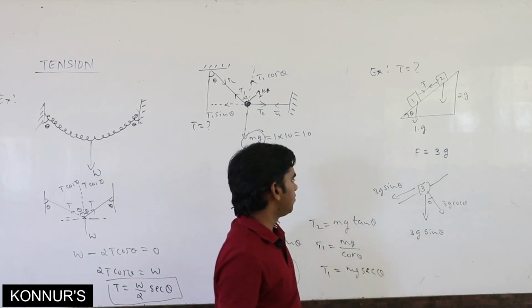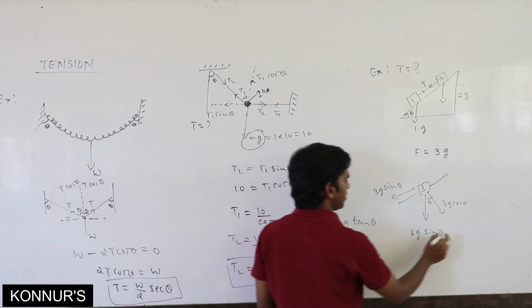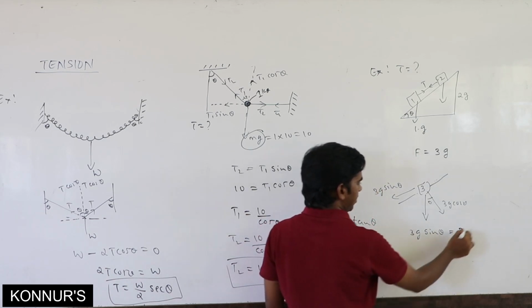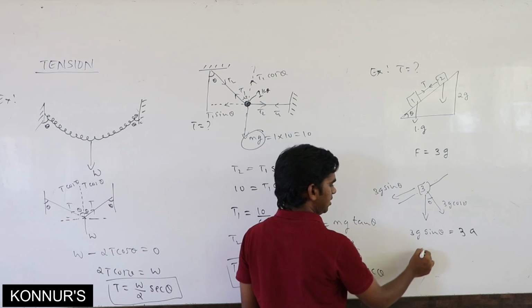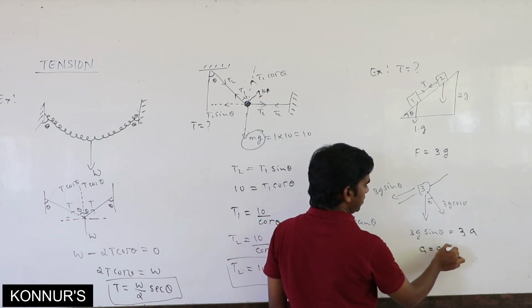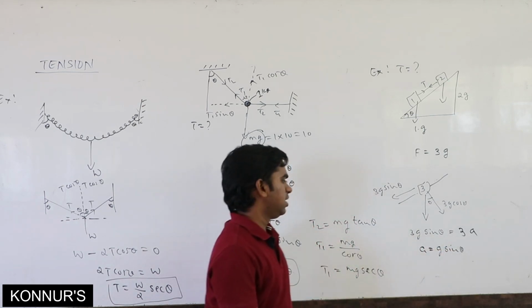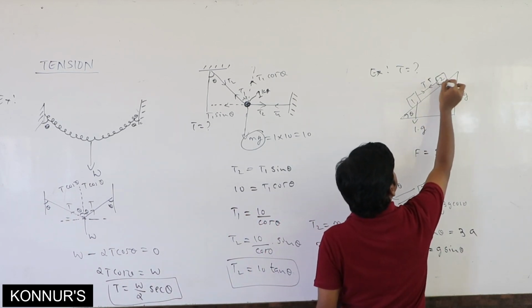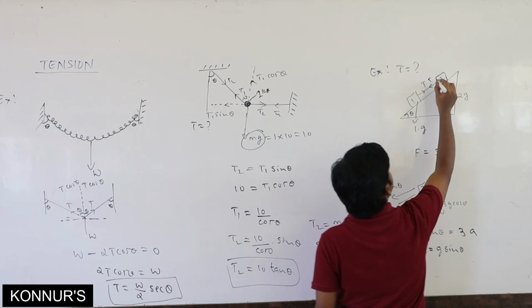So what is the total mass? Total mass is 3, into acceleration. So acceleration will become g sin theta. Now to find T, you can take this body. What is the net force on this body?